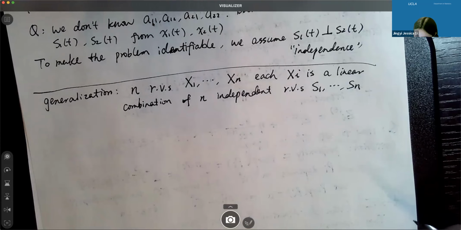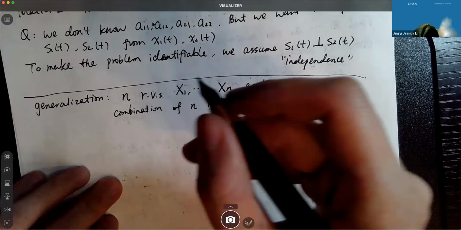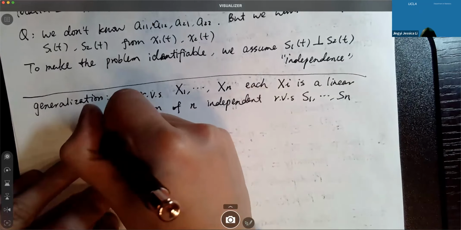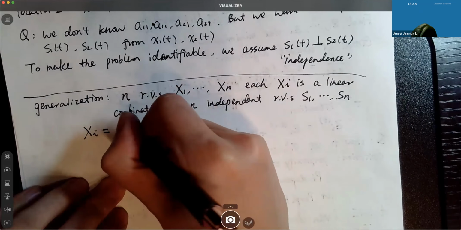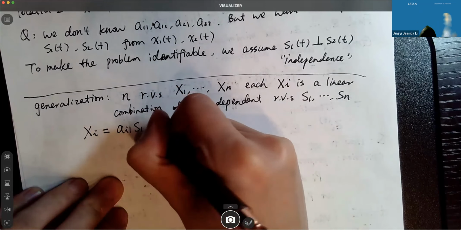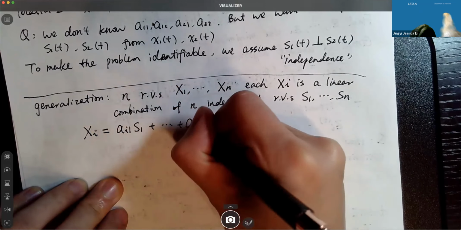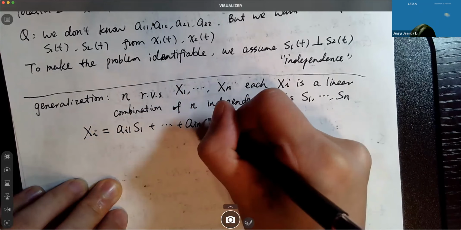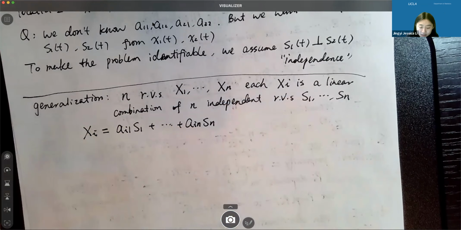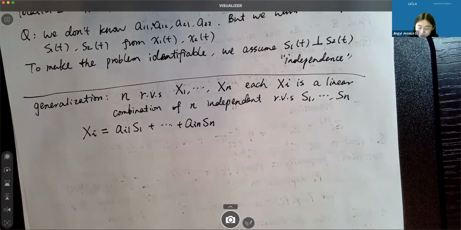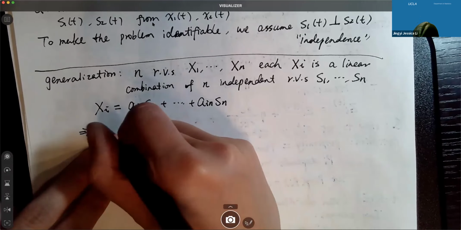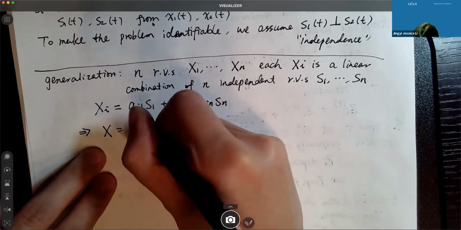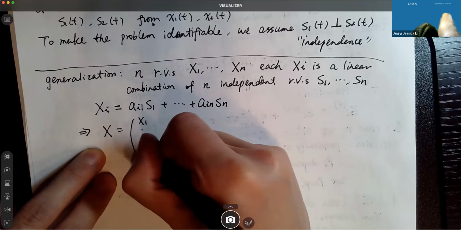Okay, so in other words, writing this out, we just have Xi equals, using our previous notations, Ai1 times S1 plus ... plus Ain times Sn, right? So that's it. And then if you stack your random variables into a vector, you call this X vector, which is composed of your X1 to Xn.